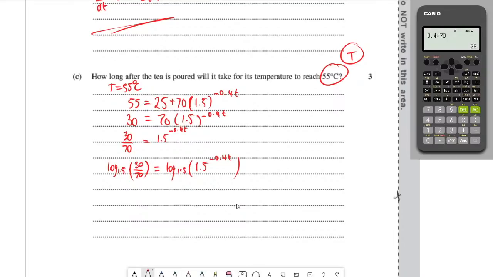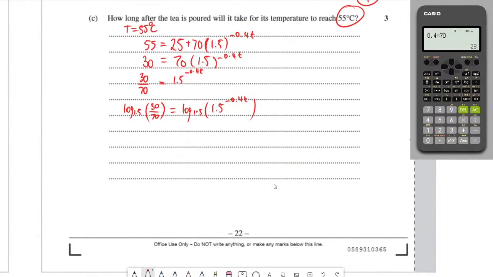Now the cool thing about this is that we can use our log law. It says take the power on the inside and bring it out the front.